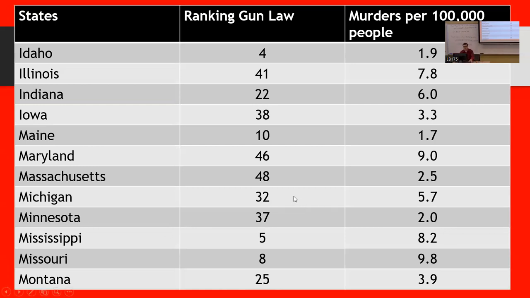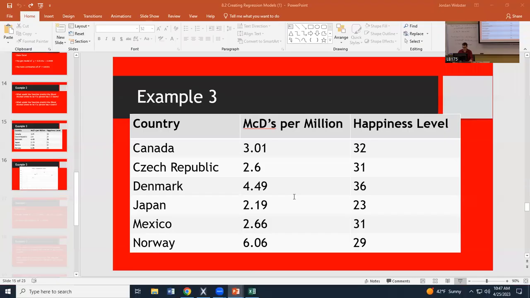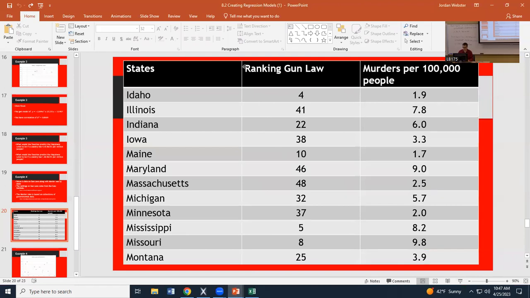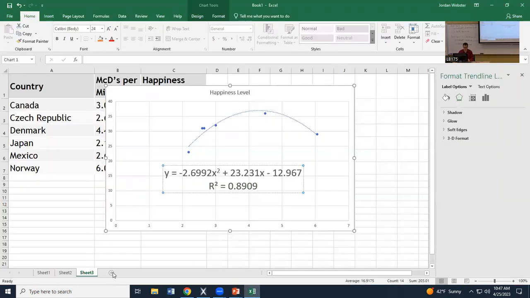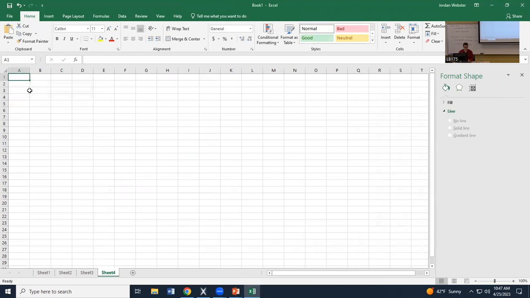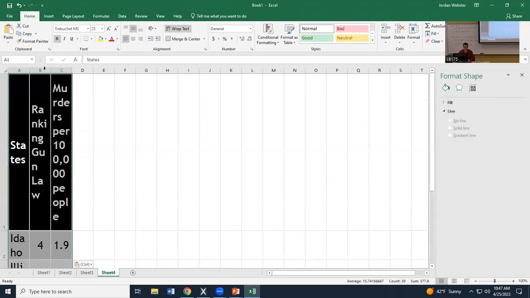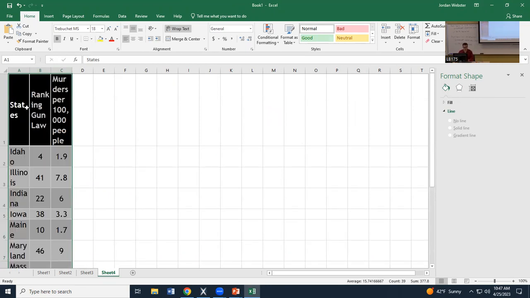So let's go through it again. Let's go through this. I'm going to try to copy this into Excel. I always like doing this with technology, just makes everything so much easier, right?